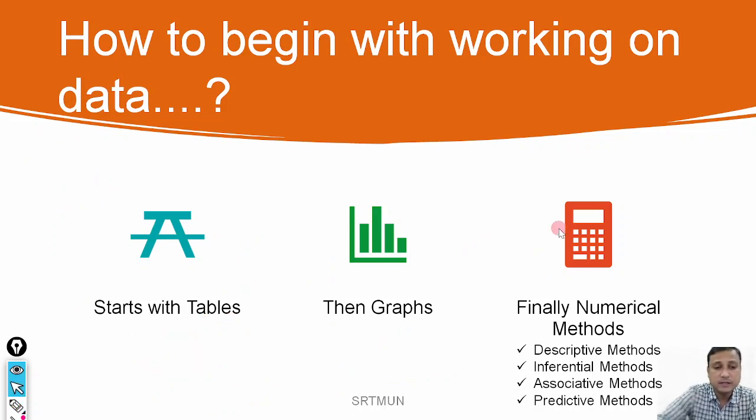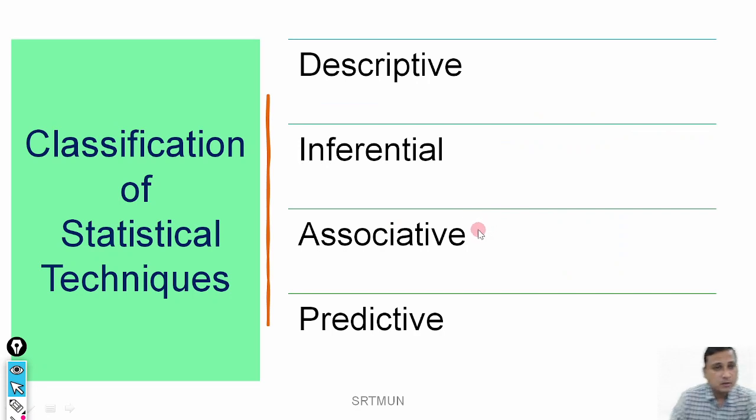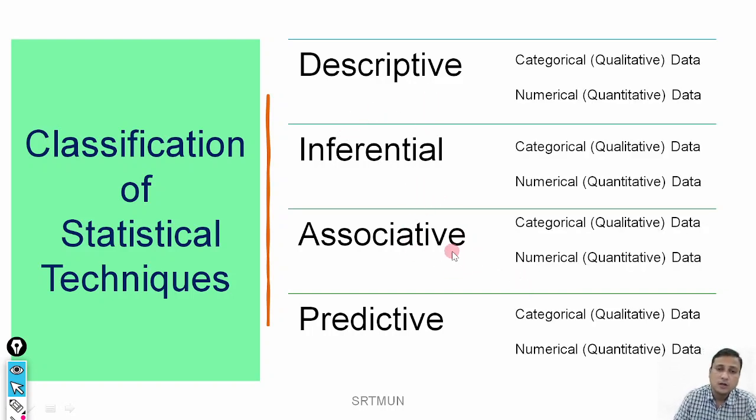Fine. Now let me take you to the further slide. So this is the classification of statistical techniques, broad classification: descriptive, inferential, associative, and predictive. Furthermore, again in each, we have to be very careful when we are using descriptive techniques. We should be very careful that for a categorical data there are different techniques, and for numerical data there are some different techniques, and the story is same for all others.